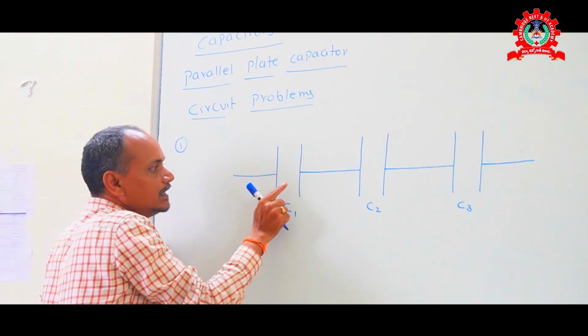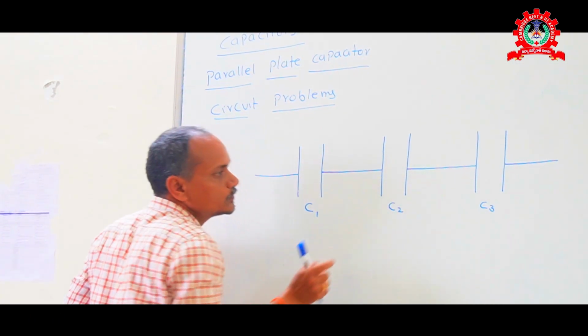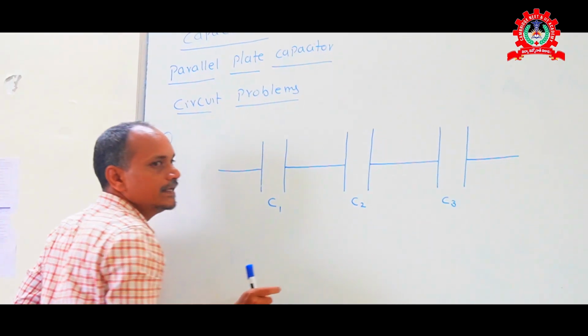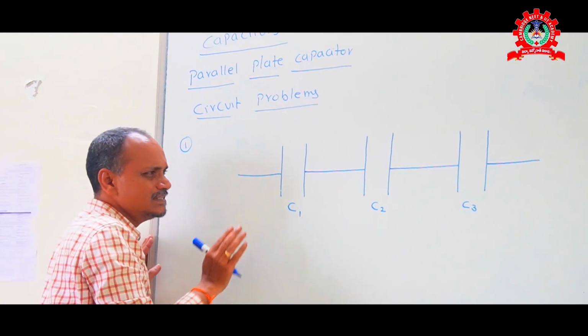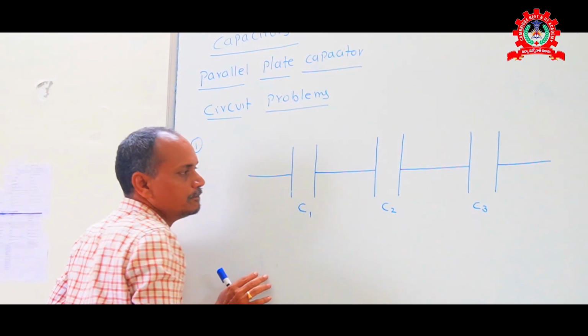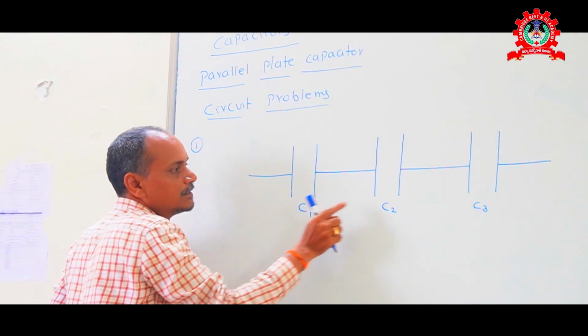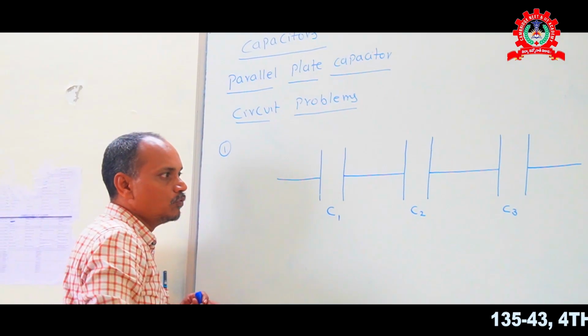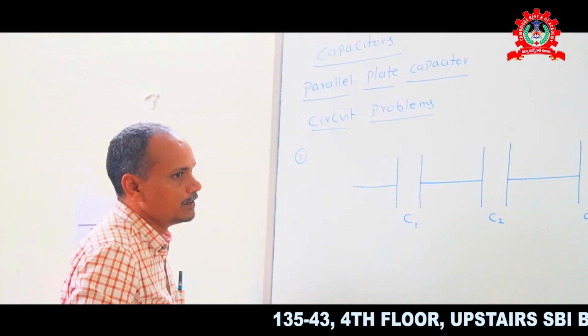So we can easily say the equivalent capacitance of this combination is 1 by C1 plus 1 by C2 plus 1 by C3.